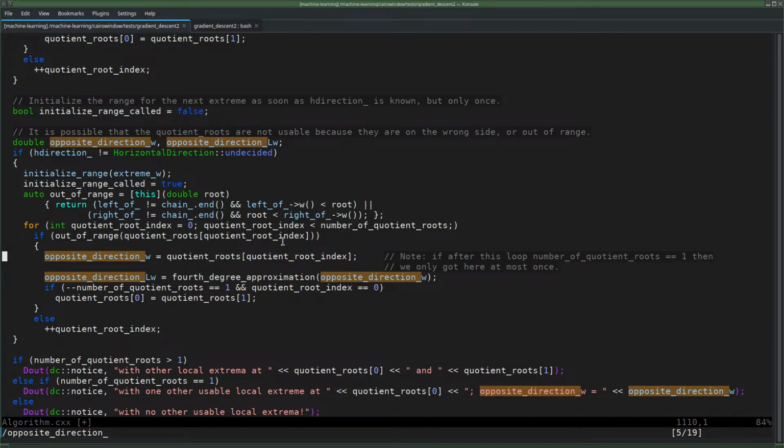However, then we still need to set it. We have to set something.